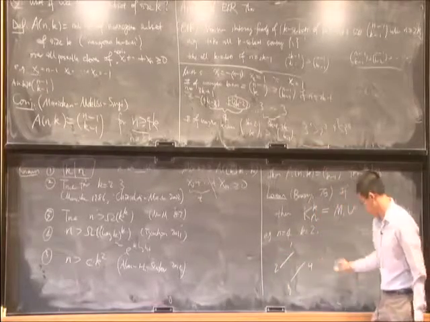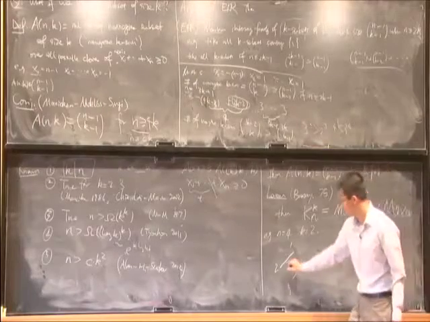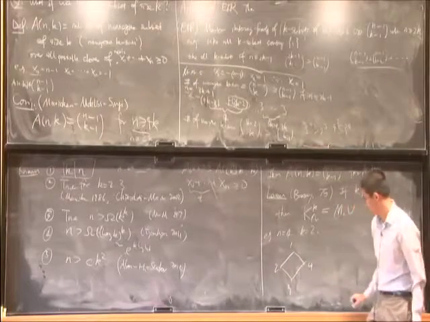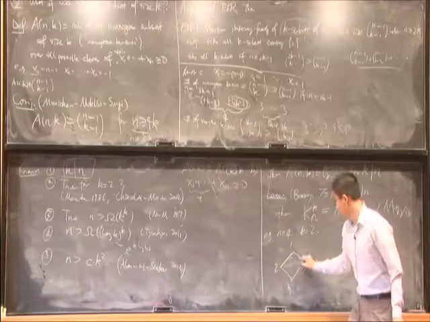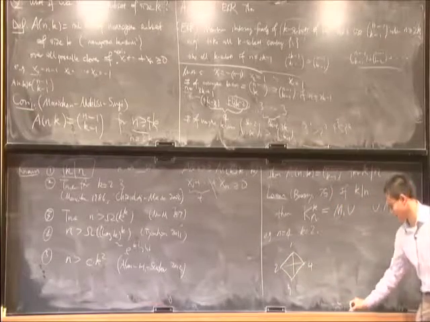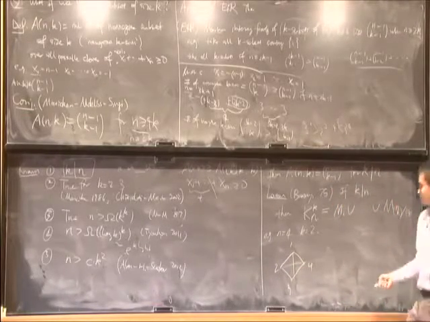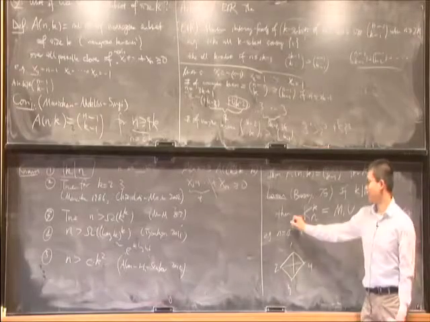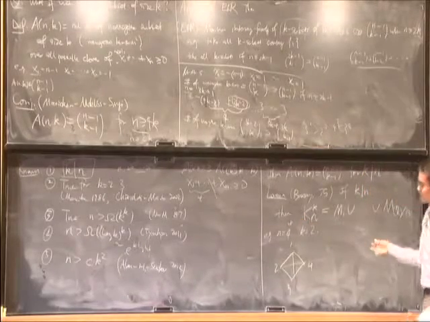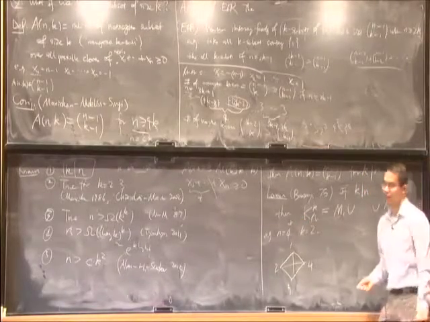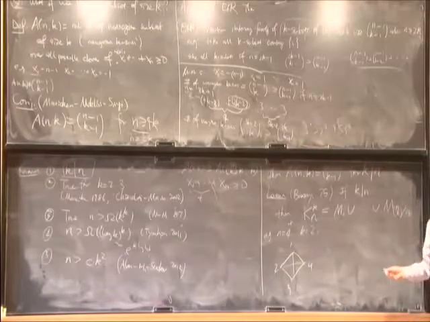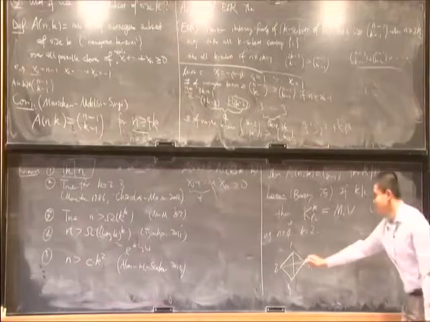So 12 and 34 becomes the first matching. 23 and 14 becomes the second one. 24 and 13, the last one. So this is almost obvious. And if you look at n equals 2k, this is basically how you schedule a round-robin tournament for, I don't know, maybe football or chess.